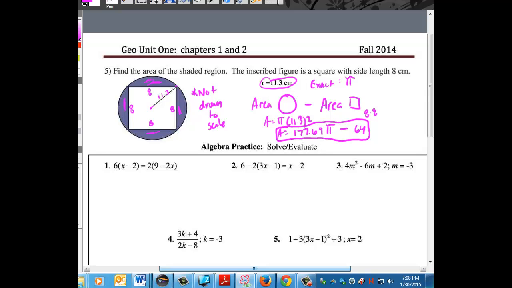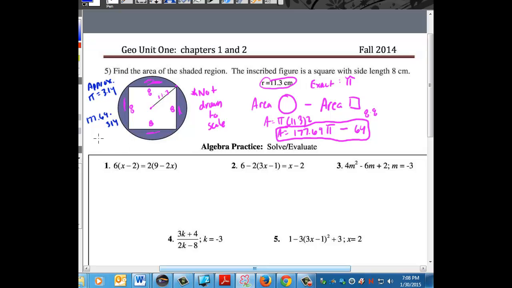Now, sometimes on tests, they might ask you to solve and give in what's known as an approximate answer. And when that happens, they want you to use 3.14 for pi. So we're going to take our 177.69 and multiply that by 3.14.